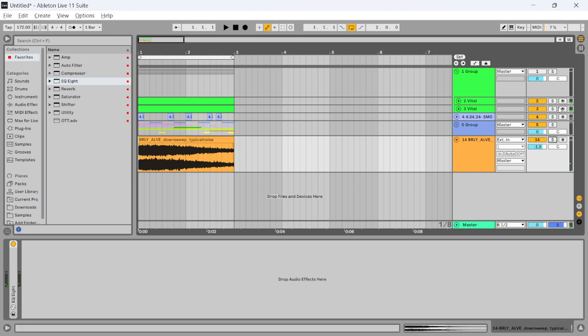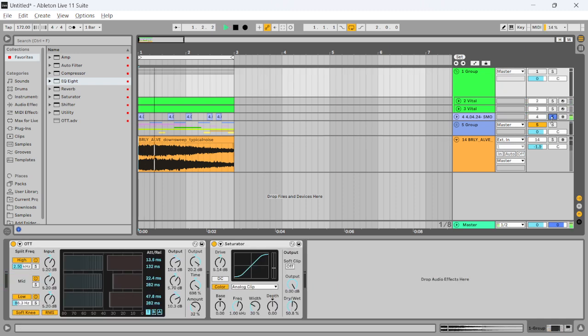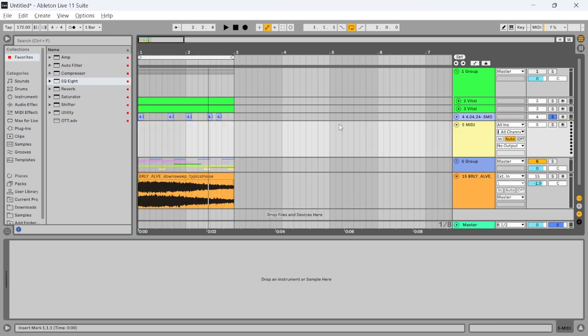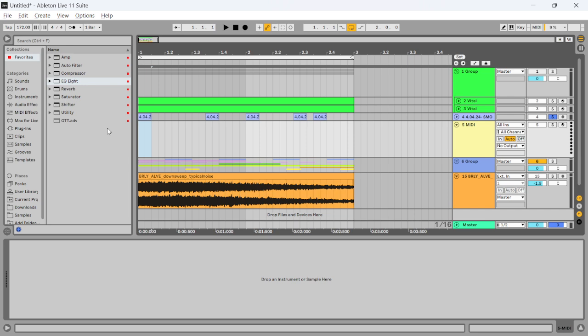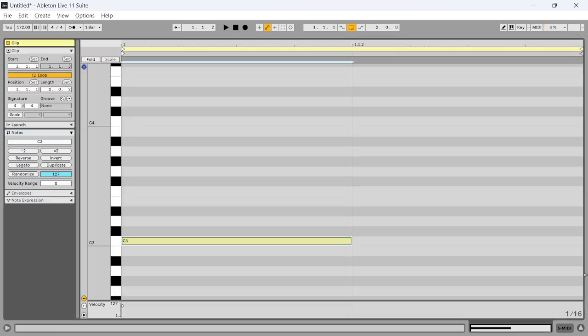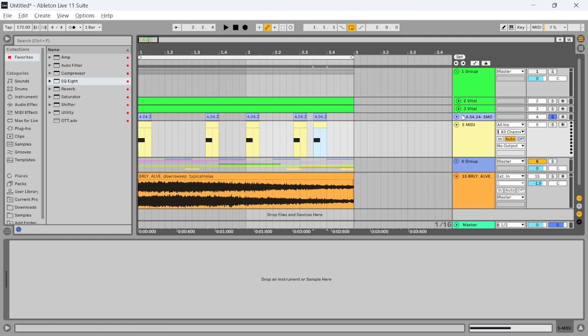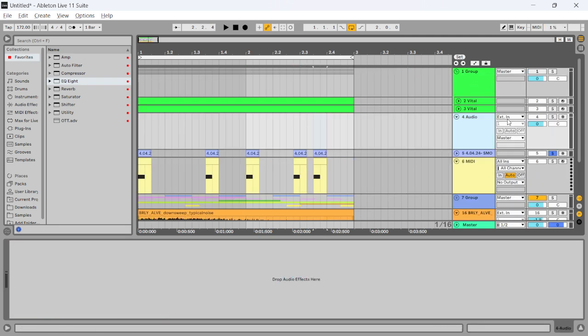And finally, I'm going to take this guy. And I'm going to create like a sidechain figure for this. Like this. But let's create a very simple sidechain channel for everything to go into.